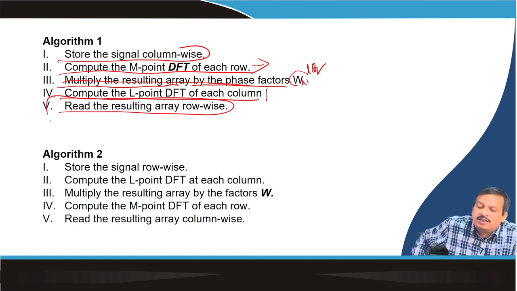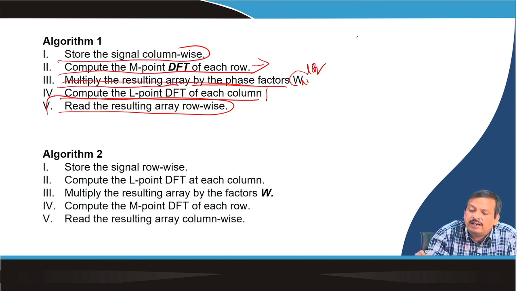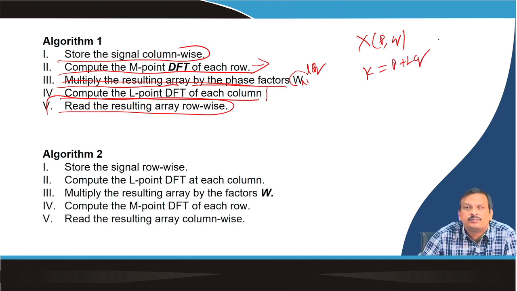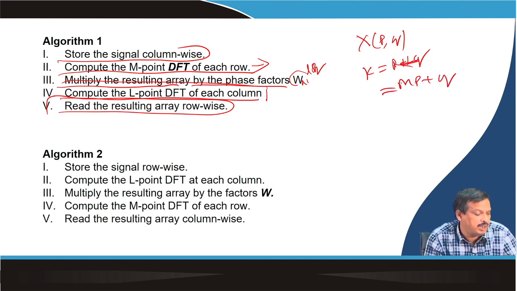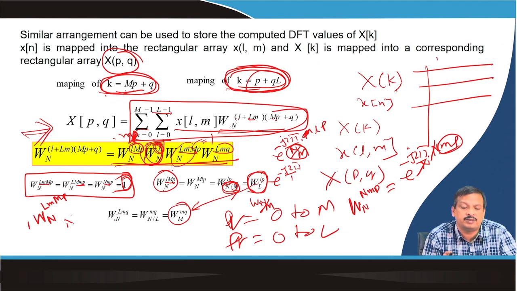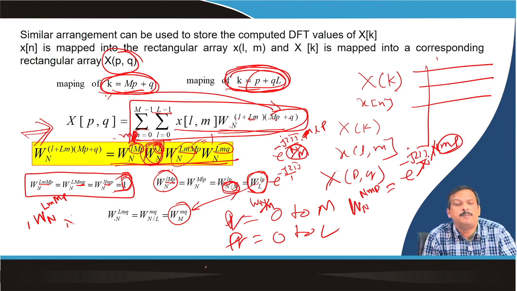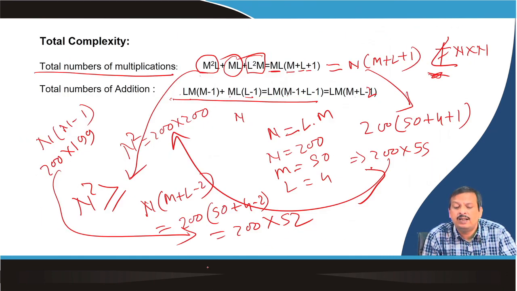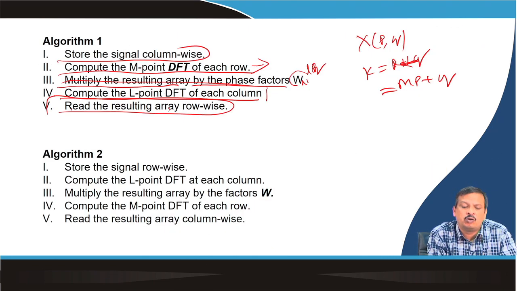Read the result row wise, because I said when I write X(P,Q), K is in the form of MP plus Q. That form we have taken for that mathematical derivation, MP plus Q. So that's why the output will be stored row wise.